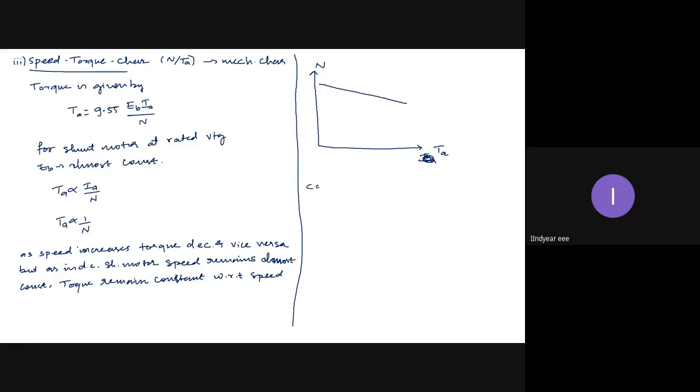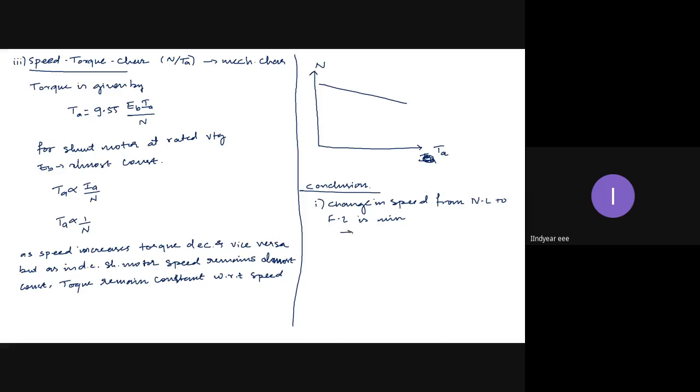Conclusion. The first conclusion is that the change in speed from no load to full load is minimum.